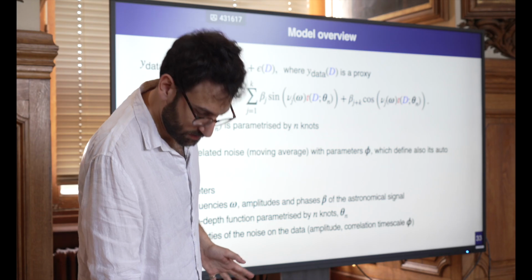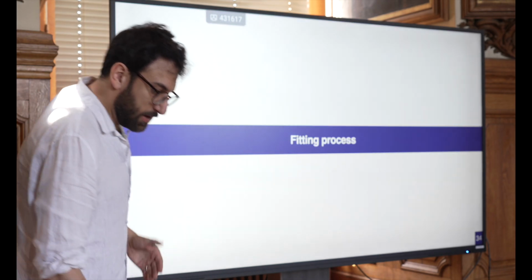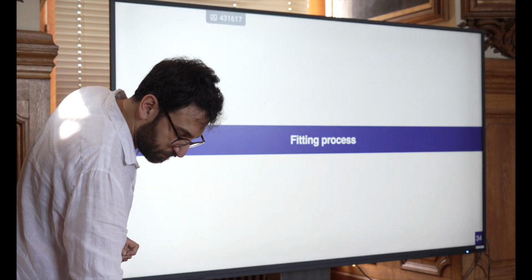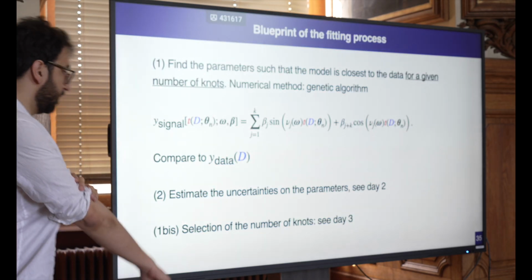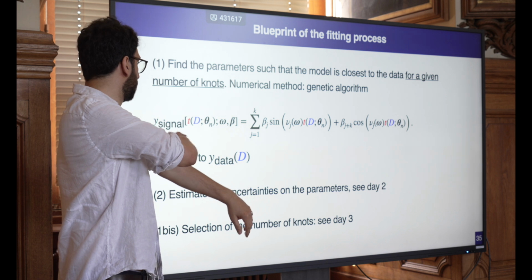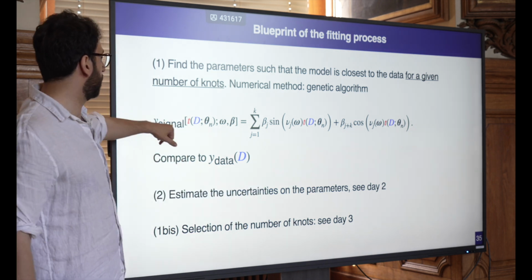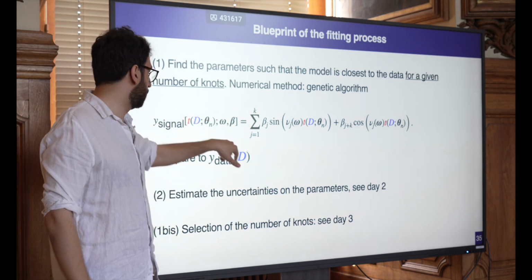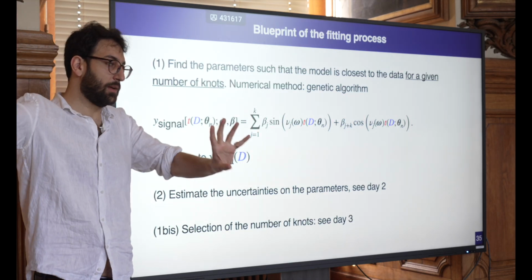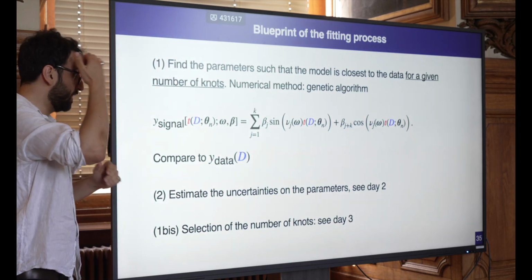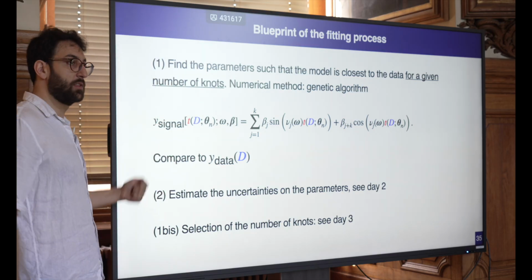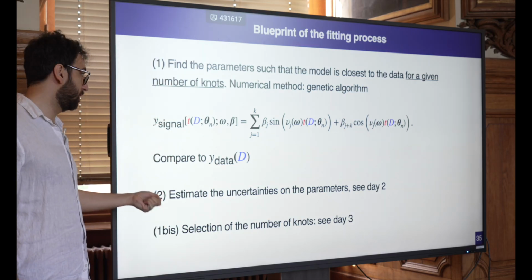Okay. Now, this is what we want to fit to the data. So the blueprint of the fitting process is that first you will try to find parameters which make this signal kind of close to the data. Then, from there, you estimate the uncertainties on the parameters. This is what we will see on day 2.